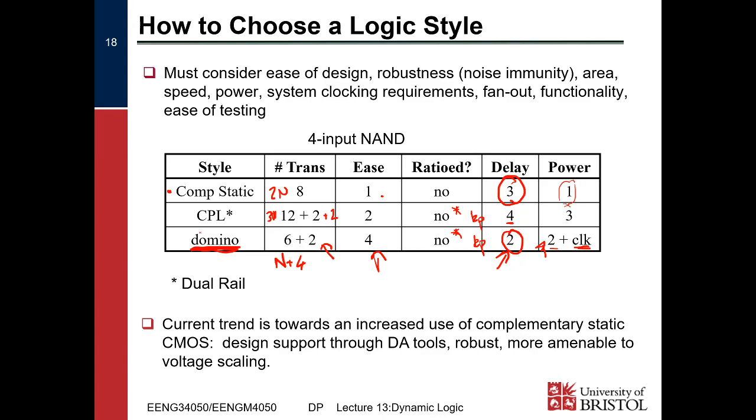What advantages does CPL have compared to the other two styles? CPL is a bit of a weird one. It's not used very much anymore. The benefits of it are the fact that you've got both the normal and the inverted version of the signal, and it's got a very, very regular structure compared to the other logic systems.